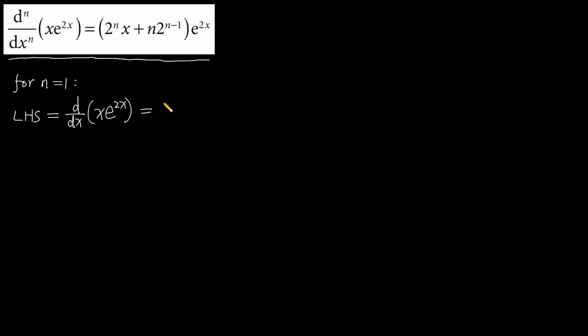This is the derivative of x multiplied by e to the power of 2x plus x multiplied by the derivative of e to the power of 2x. Then this equals e to the power of 2x plus x multiplied by e to the power of 2x multiplied by 2. So this is the chain rule.